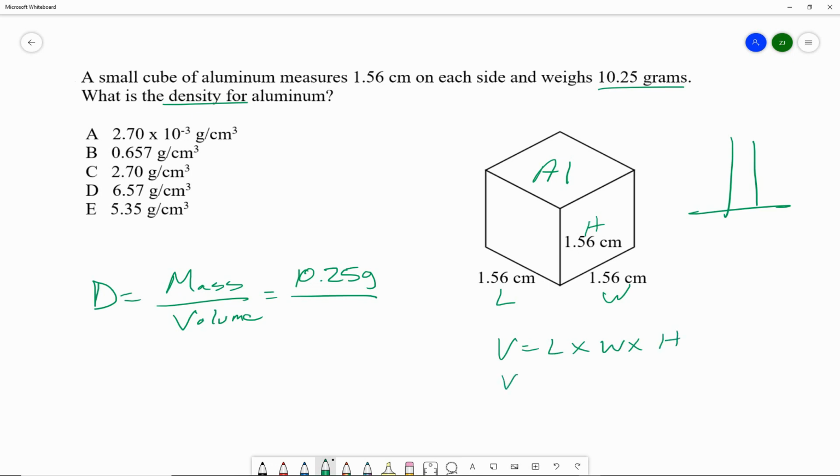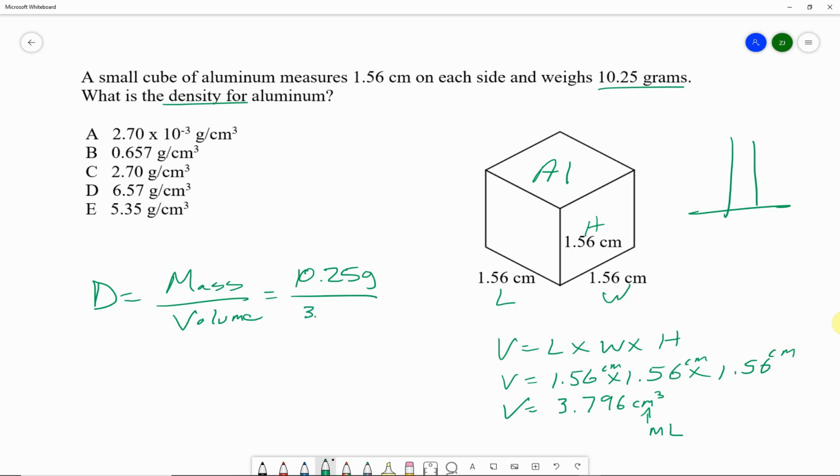And so to find that volume, you do 1.56 times 1.56 times 1.56, and you could get the volume of this cube, which I get to be 3.796. Well, let's see, it was centimeters times centimeters times centimeters. That must have been centimeters cubed, which we know is actually a milliliter, right? So now we know the volume.